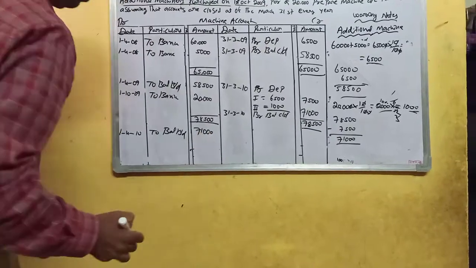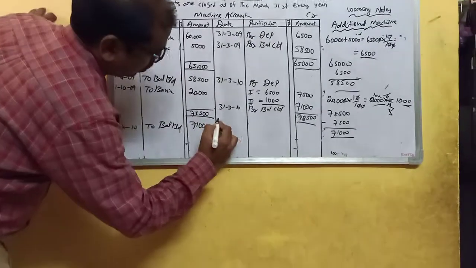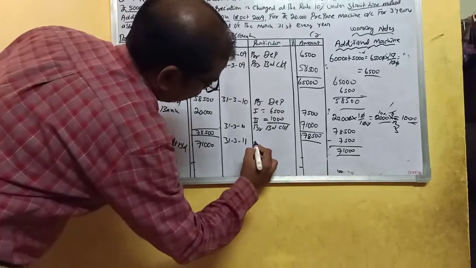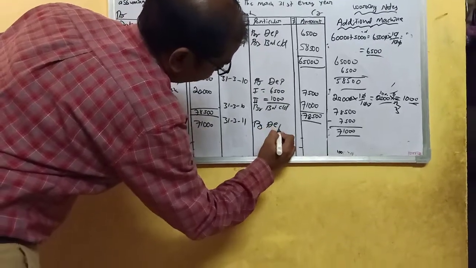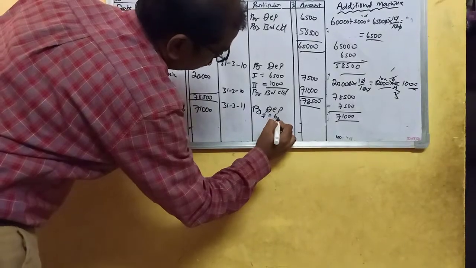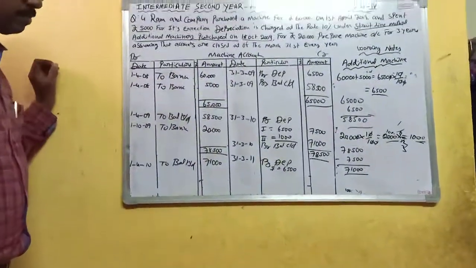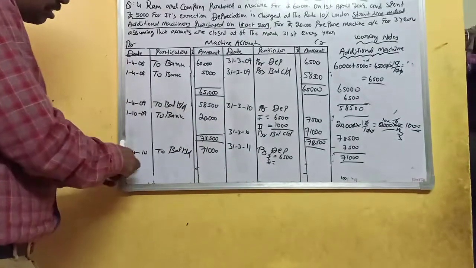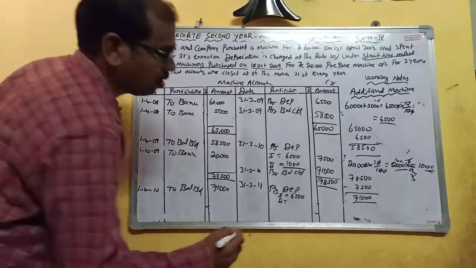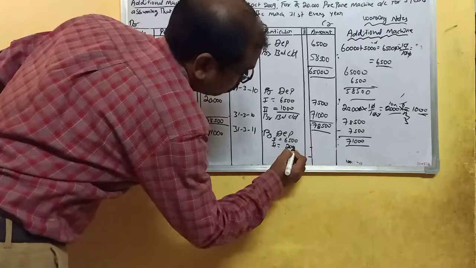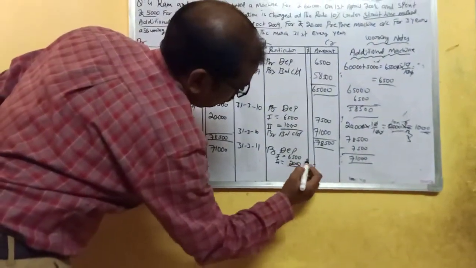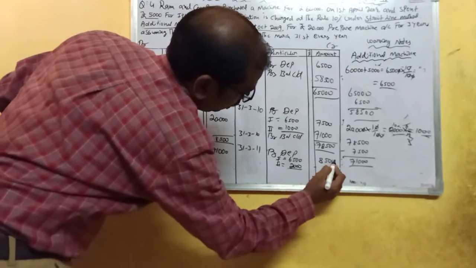How much value? 71,000. Now depreciation on 31st March, by depreciation: machinery 1, 6,500, no changes. Machinery 2, this is the full year now, so I am taking full depreciation, 2,000 rupees, which is already given. Total 8,500 depreciation.